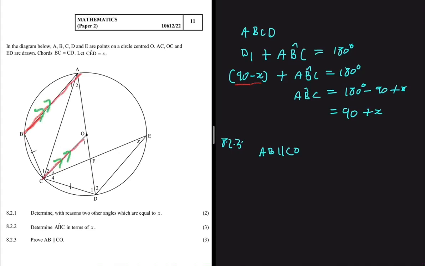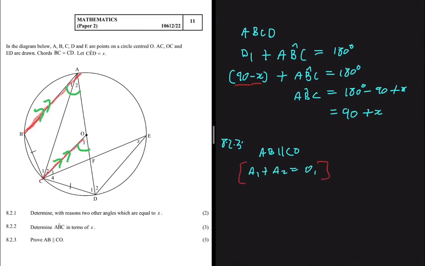If they're parallel, then this angle here, A1 plus A2, should be equal to angle O1, right? Corresponding angles. So we need A1 plus A2 to be equal to O1. This is what we are required to prove, essentially.